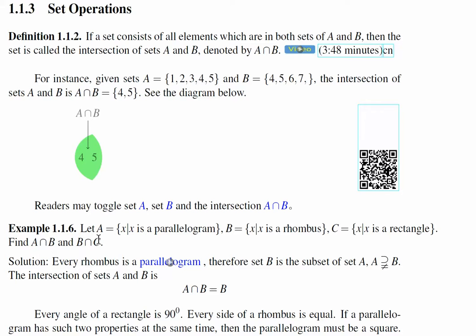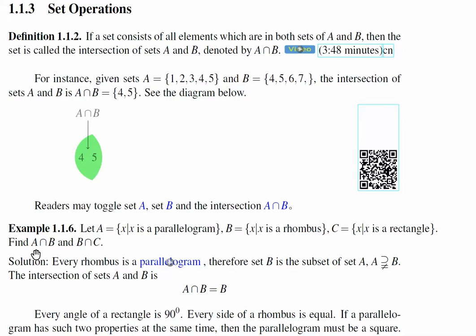Here we have a set A, which is a set of parallelograms, and B is the rhombuses, and C is a set of rectangles.